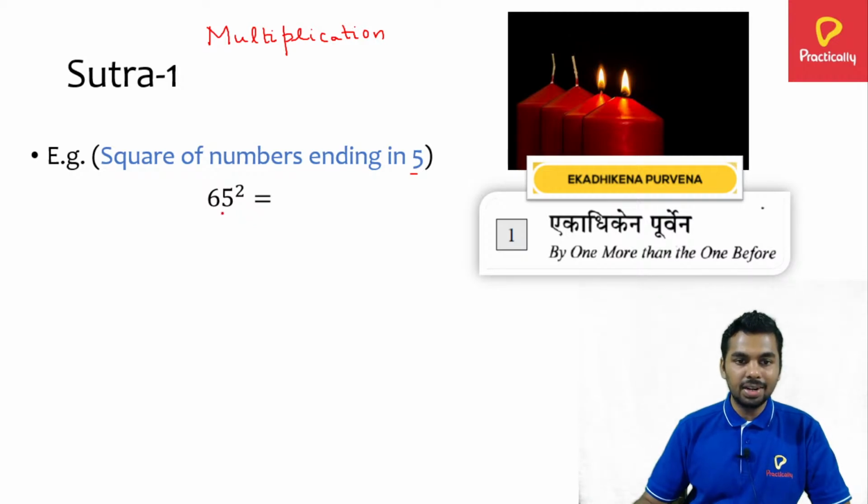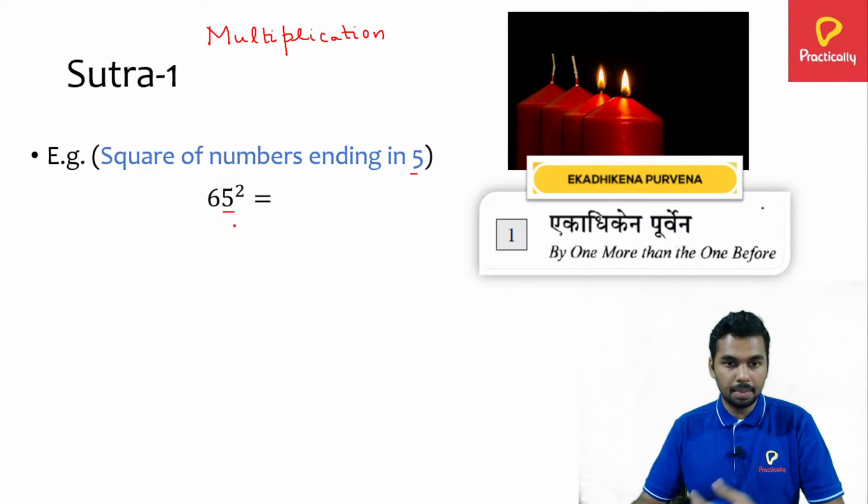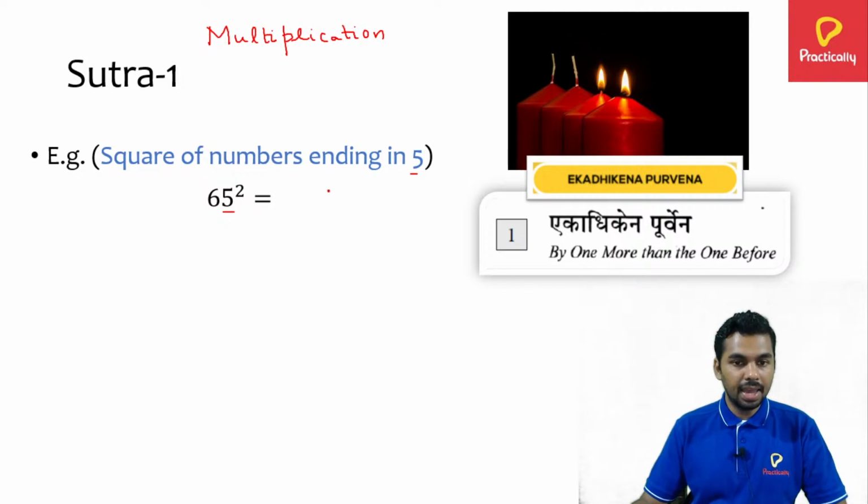Whenever a number is ending in 5 and you are going to square that number, the ending two digits are always going to be 25.